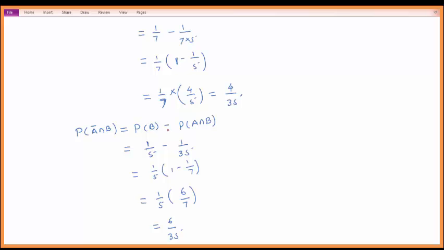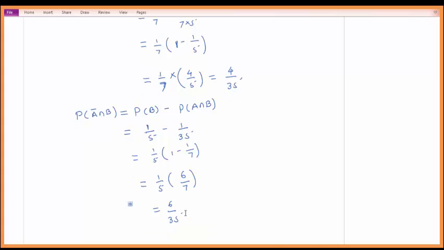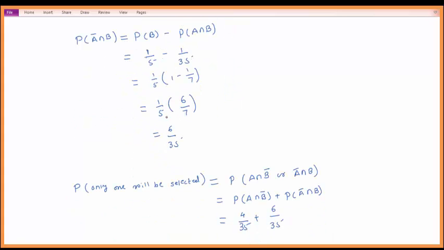So this is equal to P of B minus P of A intersection B. P of B is 1 by 5 and P of A intersection B is 1 upon 35. Similarly, writing 35 as 7 into 5, taking 1 by 5 common, we have 1 minus 1 upon 7. Just cross multiplication, 7 minus 1 divided by 7, that is 1 upon 5 into 6 by 7. So this is 6 by 35.